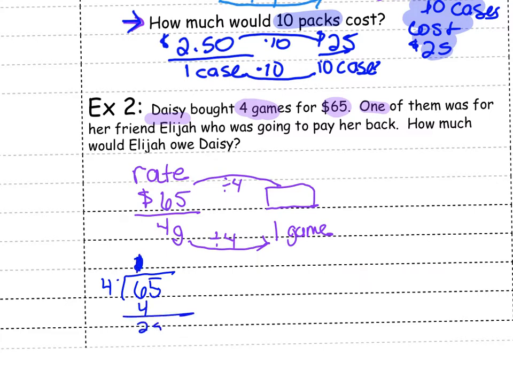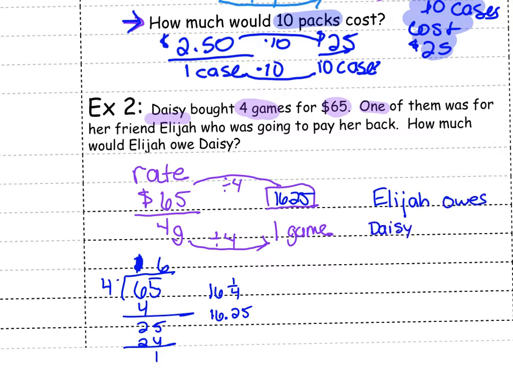And then I'm going to subtract down. 4 goes into 25 6 times with 1 left over. So now it's like 16 and 1/4. 1/4 as a decimal is 16.25. So that means, and we always want to remember to answer the question, Elijah owes Daisy $16.25.